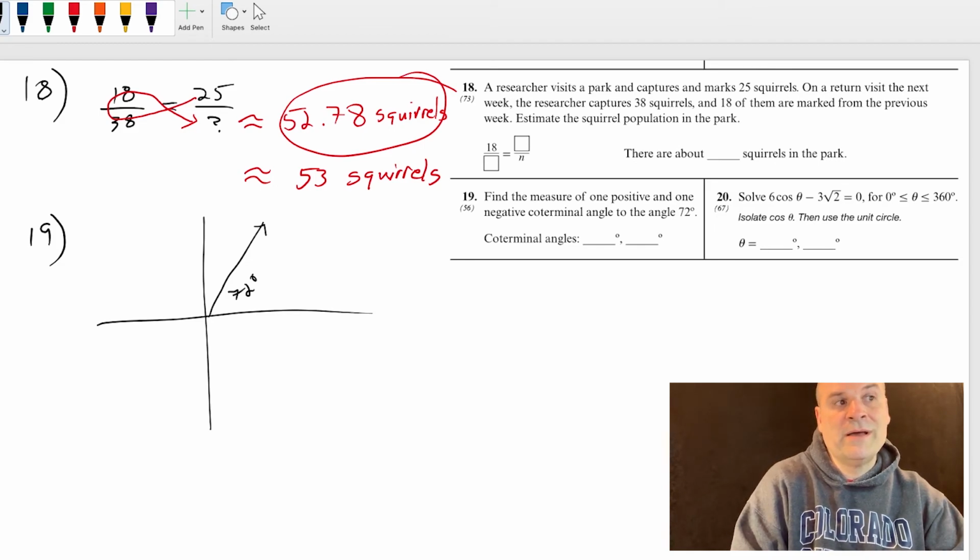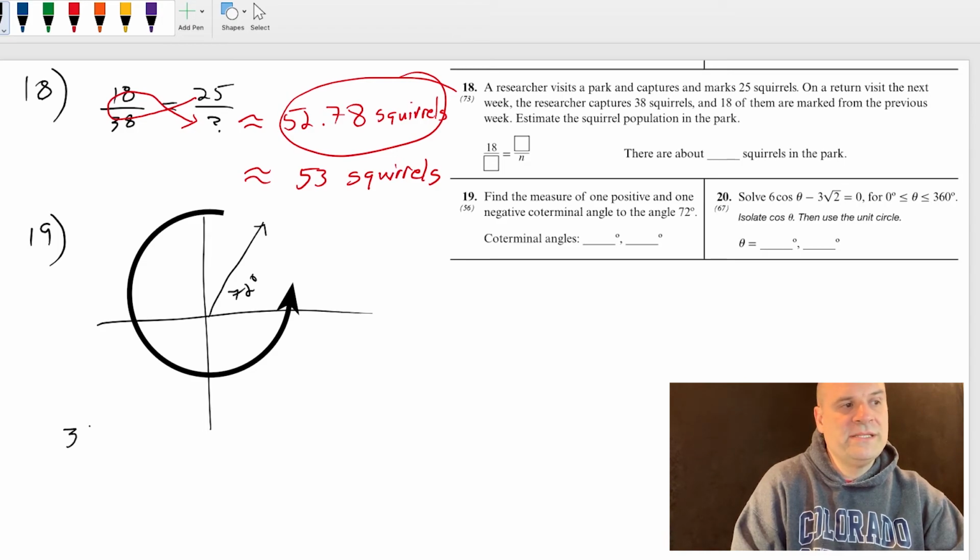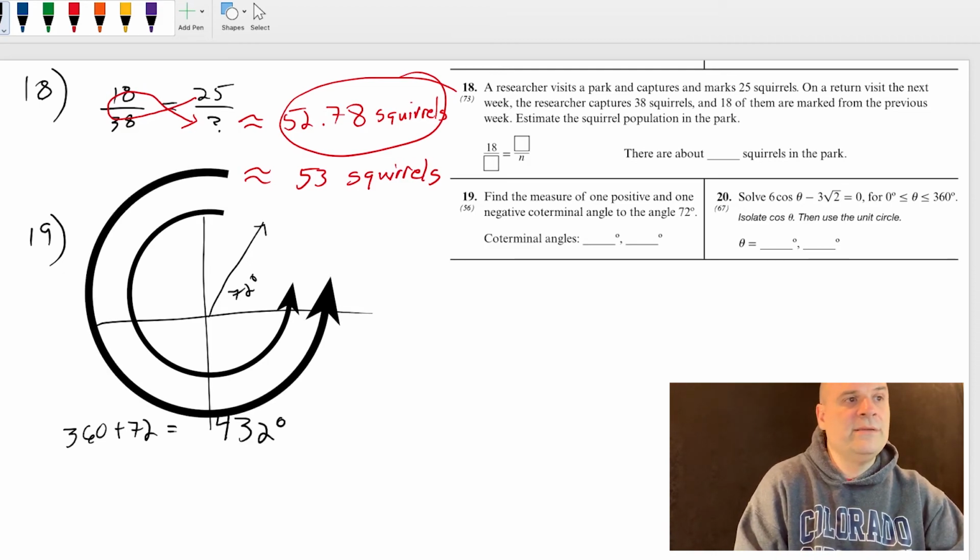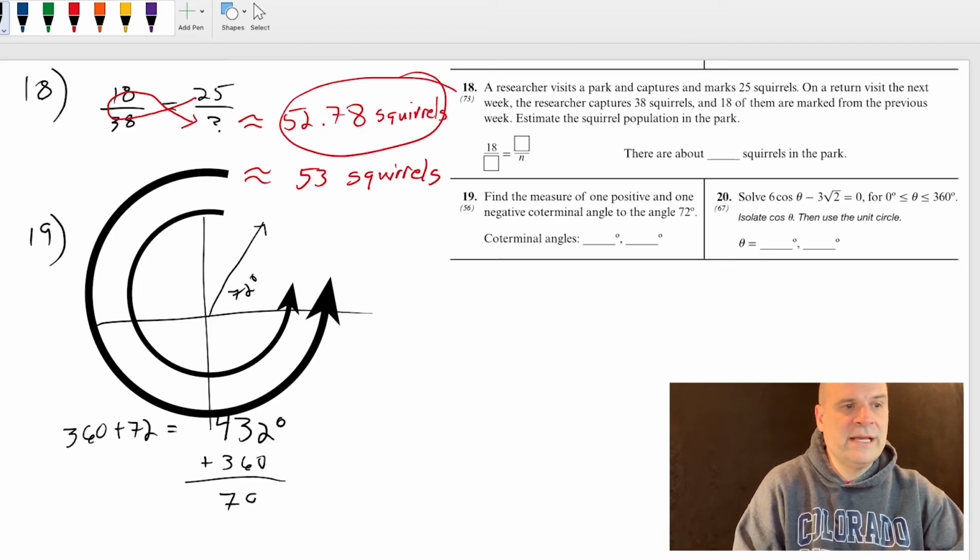Well, it goes around one full circle plus 72. So 360 plus 72 is 432 degrees. Okay, and then if it goes around another time, that's like 720. Or I could just add 360 to this, and I get 792 degrees.